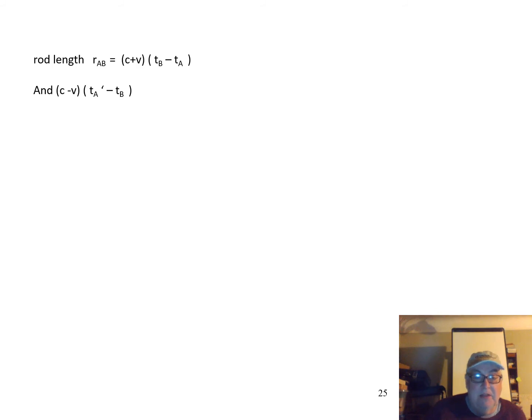The rod length is then R subscript AB, and that is c plus v times the time interval T subscript B minus T subscript A. And from the return journey you also get the distance, and that is c minus v all times T subscript A dash minus T subscript B.